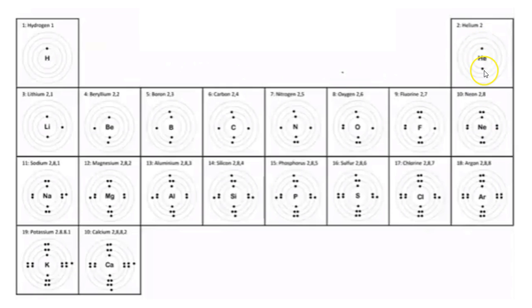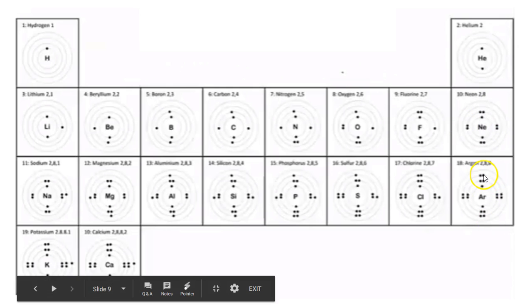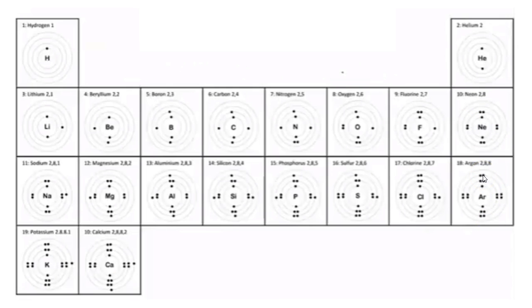Two is the maximum that we can fit in the first shell because 1s2, and so helium has 2 electrons. In the second shell, we have 2s2 and 2p6, so we can fill 8 electrons in there. In this next one, same thing, 3s2, 3p6, so we have 8 electrons there.